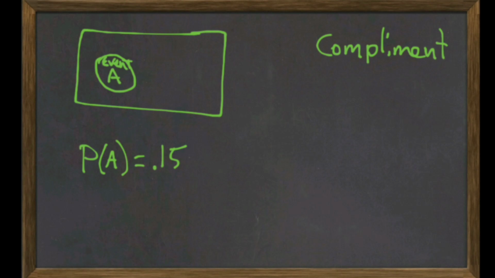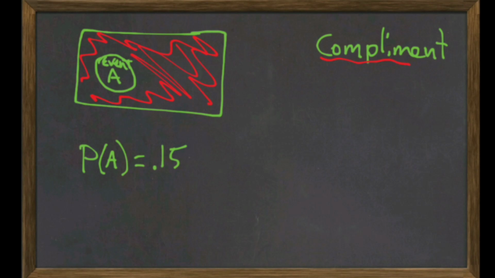And it's easy to see on the Venn diagram because the complement is everything outside of event A. So the box contains all possible outcomes. Some of those outcomes result in event A having occurred. Some of the outcomes do not.